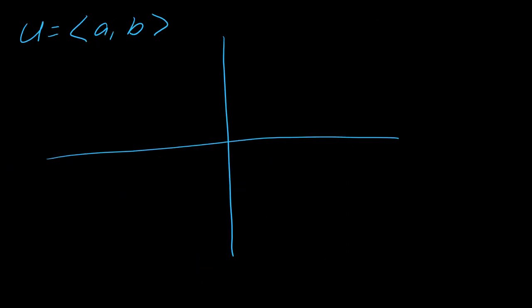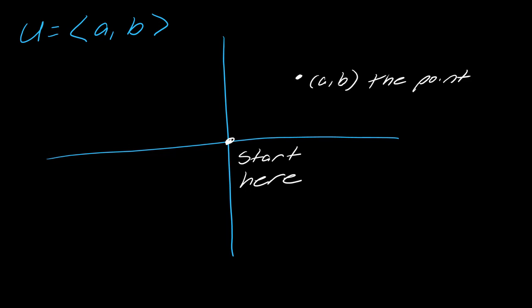Okay, so from the algebraic perspective, in the Cartesian coordinate system, the way that we interpret the vector, you start at the origin, and then you've got your point (a, b), and then you connect them, and there's your vector.